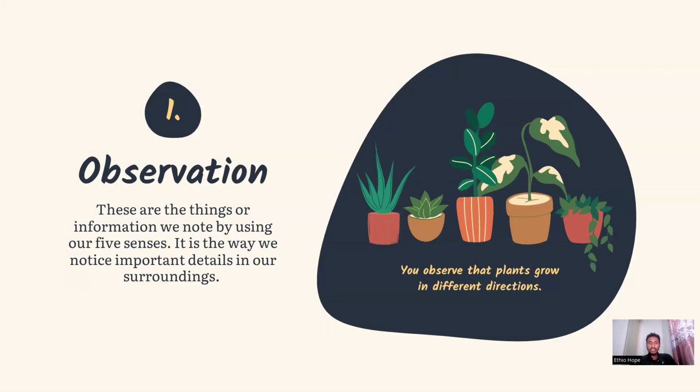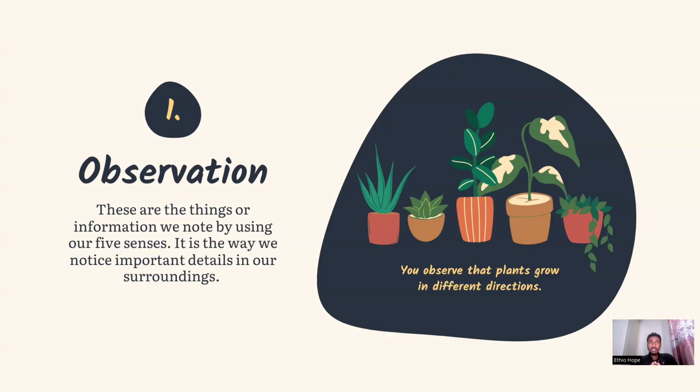Observation means paying close attention using our 5 senses. We see, we hear, we touch, we smell, or even taste to notice details, okay? In our example, we see that plants grow in different directions. That's not just a random thought, it's data, okay? A good observation is clear, specific, and sometimes measurable.